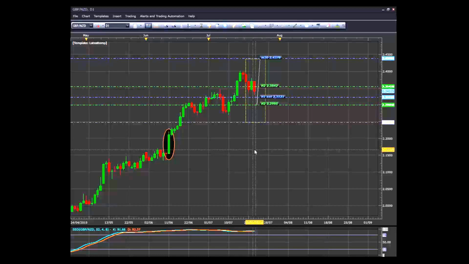The RBNZ were less dovish towards reducing interest rates in the future. And because of that fact, Kiwi strengthened. So that would explain that point there.